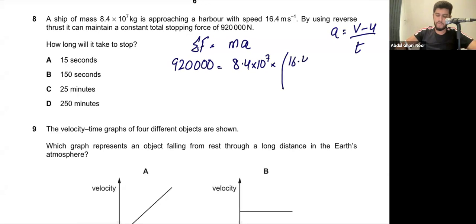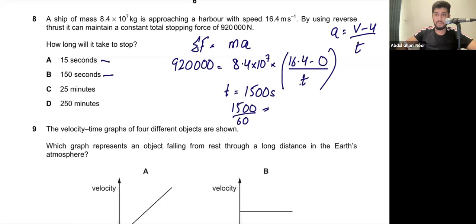So 16.4 minus 0, change in velocity, upon the time, which is T, unknown. They want you to calculate the time. So you work out the value for time, and you get T is equals to 1500 seconds. So it can't be A, it can't be B, has to be C or D. 1500 divided by 60 is equals to 25 minutes.